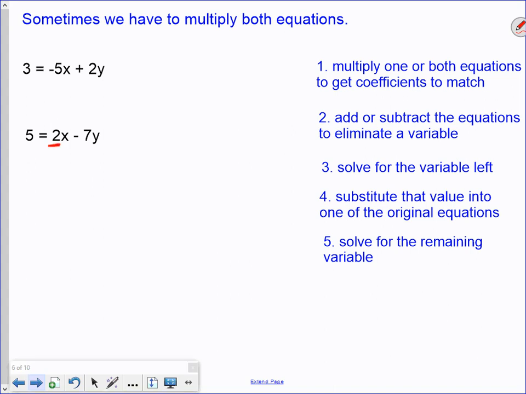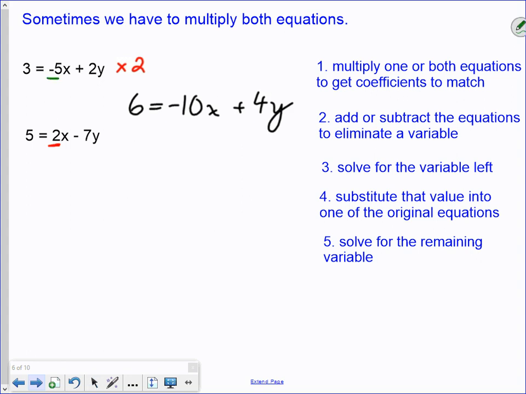Down here I've got a coefficient of 2. So I can multiply this top equation by 2. 3 times 2 is going to give me 6 equals 10x, 2y times 2 is going to give me 4y.